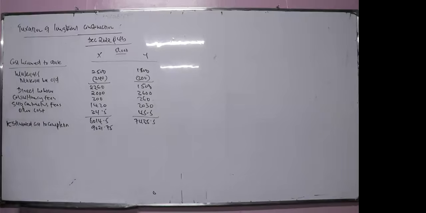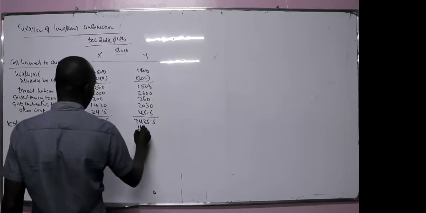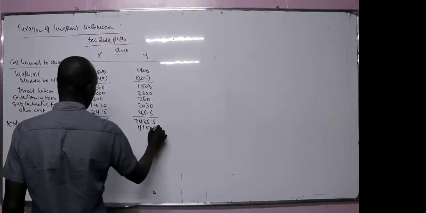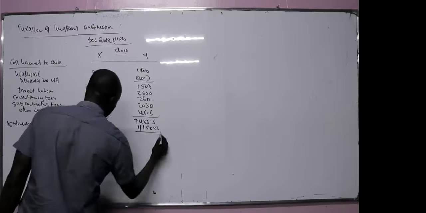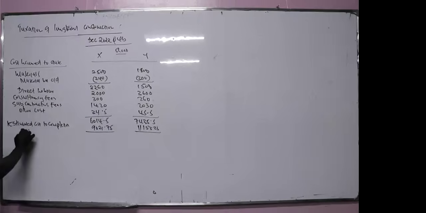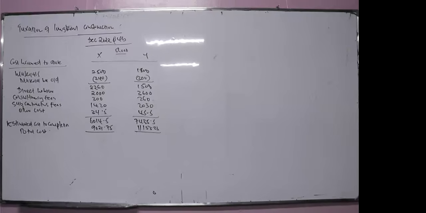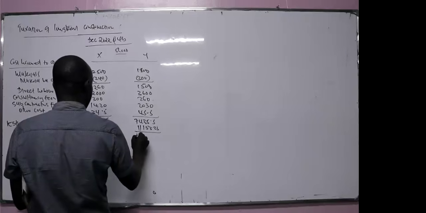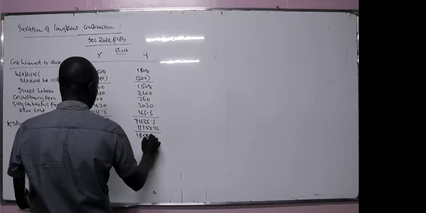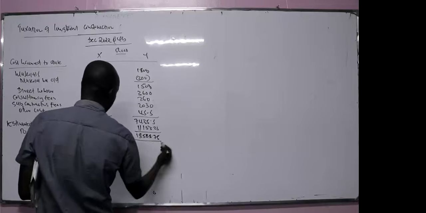This other one? 11.25. Then we get the total cost. We get the total. 18,588.75. And this other one?